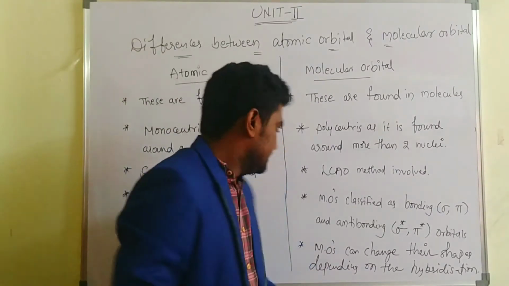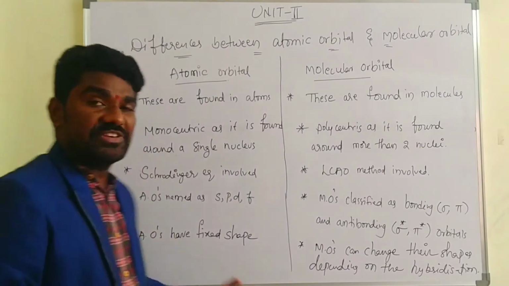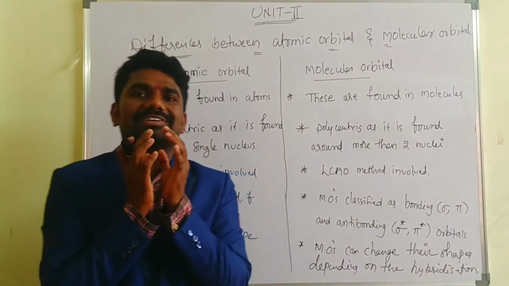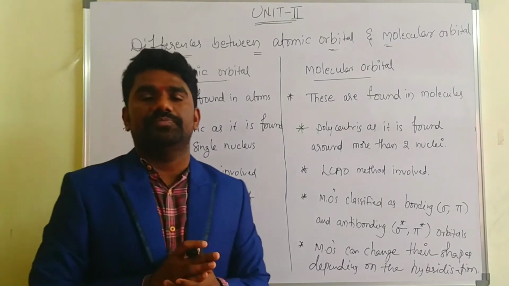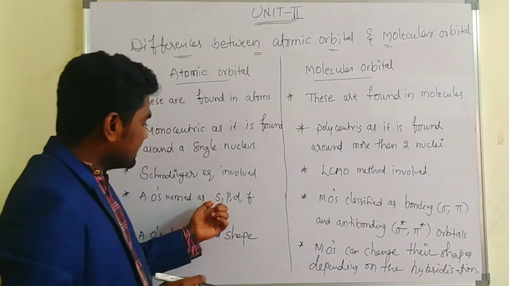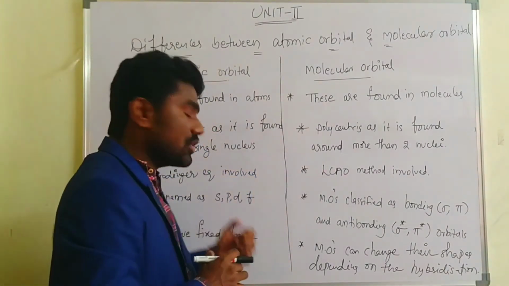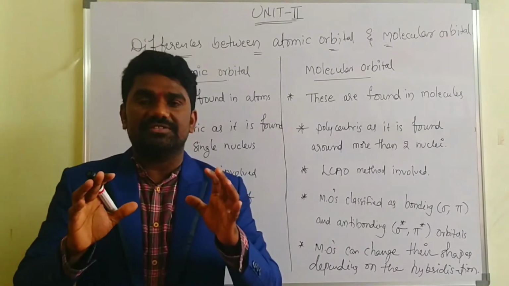Coming to the next point, atomic orbitals have a fixed shape. For example, if we take the s atomic orbital, the shape is fixed, that is spherical.